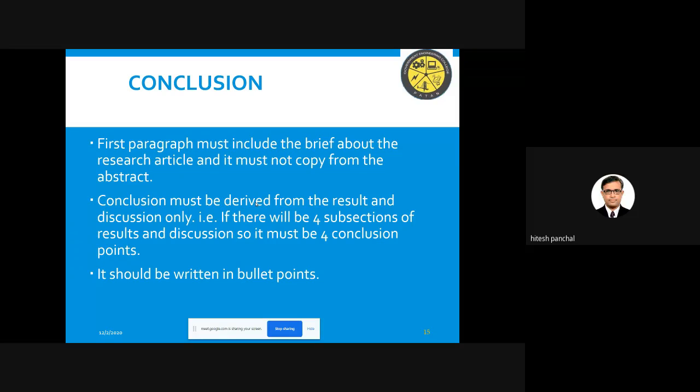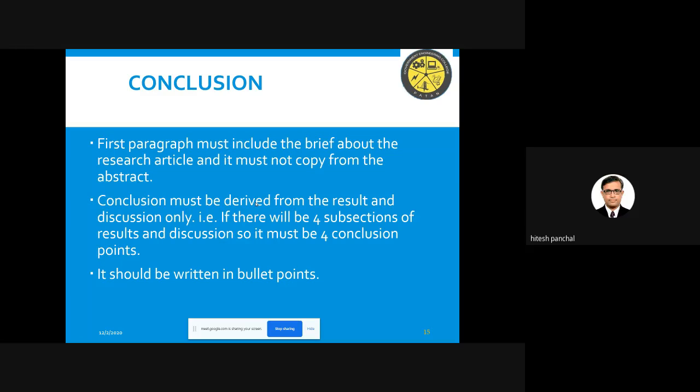But the conclusion always represents the research work obtained from the result and discussion. The conclusion is always derived from the result and discussion. So this is the main point that you should keep in mind.